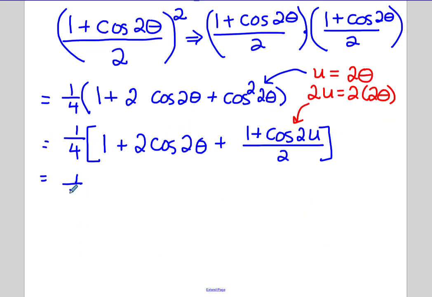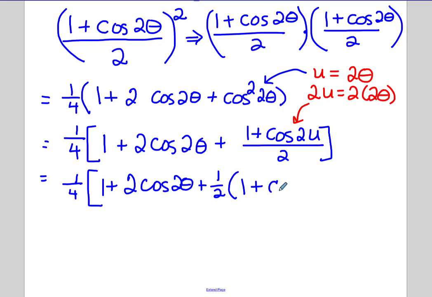Now we have 1/4 times 1 plus 2 cosine 2 theta, and then we're going to go back to that formula up here, 1/2 times 1 plus cosine, and if this is 2u, then that's 2 times 2, that's 4 theta. So we flipped it back to our 4 theta from here.